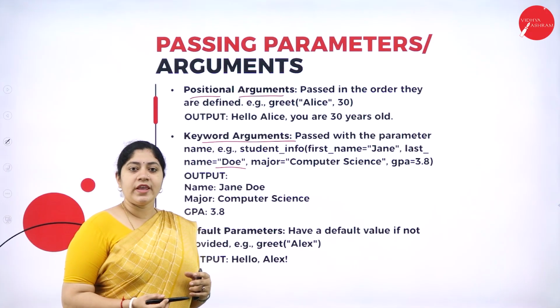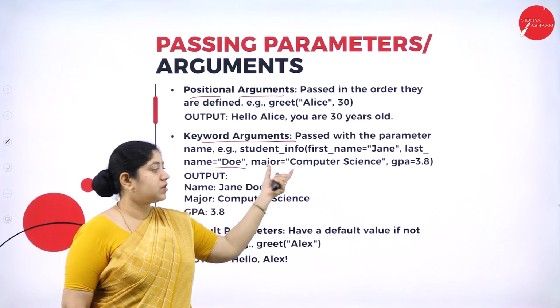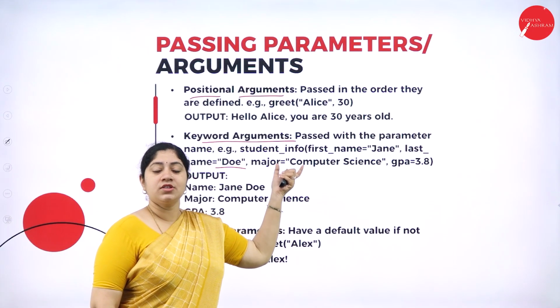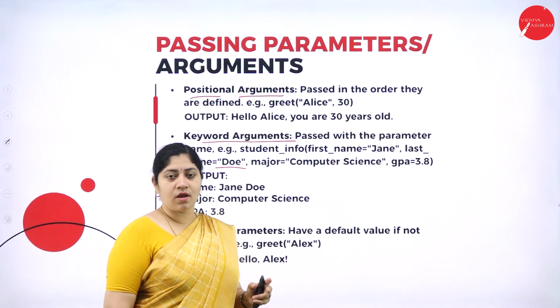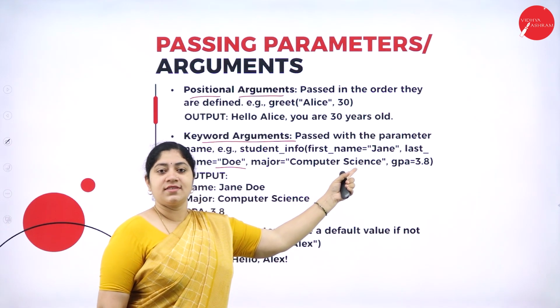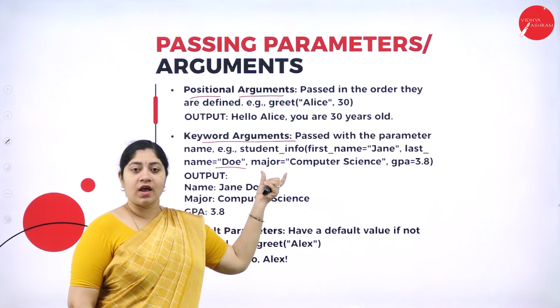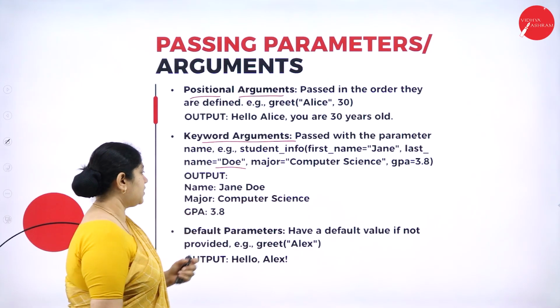Then the field he has opted for is considered as major, defined as computer science, followed by the GPA that the student has scored until now, defined as 3.8. Now, how will these be shown in the output? Let's see that now.